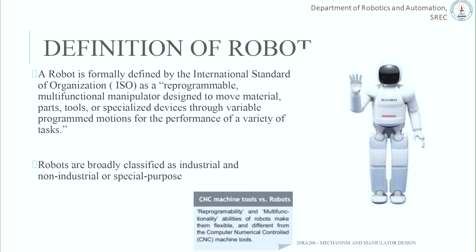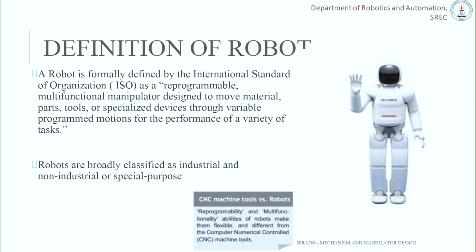A robot is defined as a reprogrammable multifunctional manipulator designed to move material, parts, tools or specialized devices through varied programmed motions for the performance of a variety of tasks. As indicated, the robot is reprogrammable.